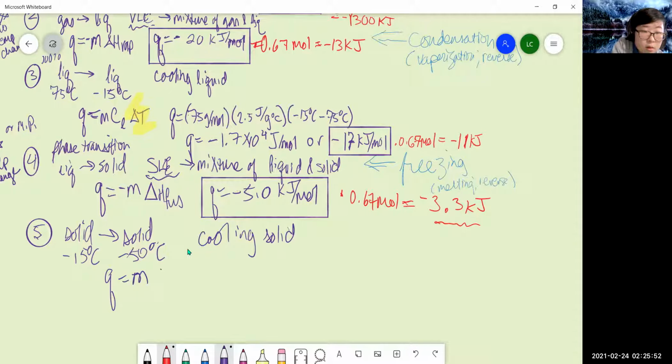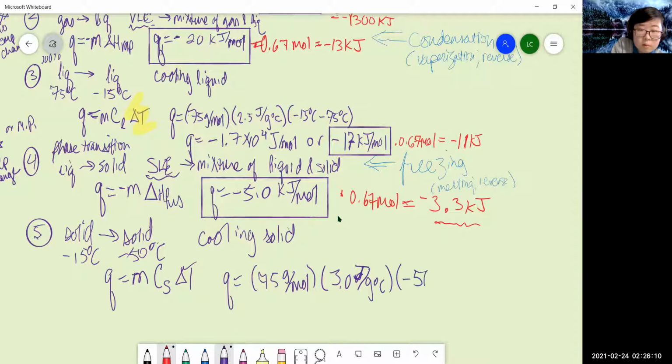So you just need M C S delta T, and then you have Q equals 75 grams per mole, and then you just look up there, and it's actually 3.0 joules per gram degrees Celsius, and then you just need to do negative 50 minus negative 15, so it becomes minus 15 degrees Celsius, and you get Q equals negative 7.875 or 7.9 kilojoules per mole.